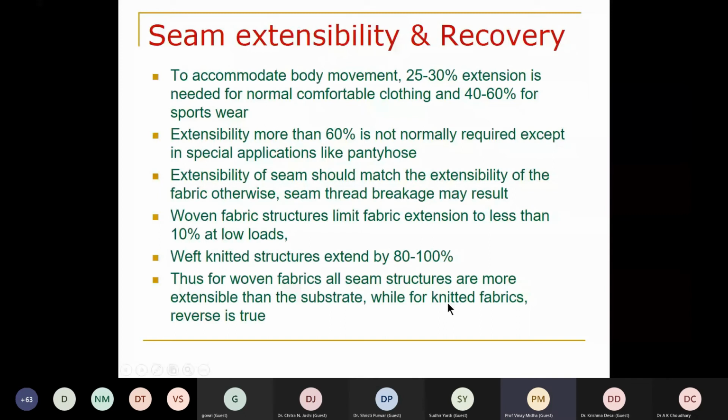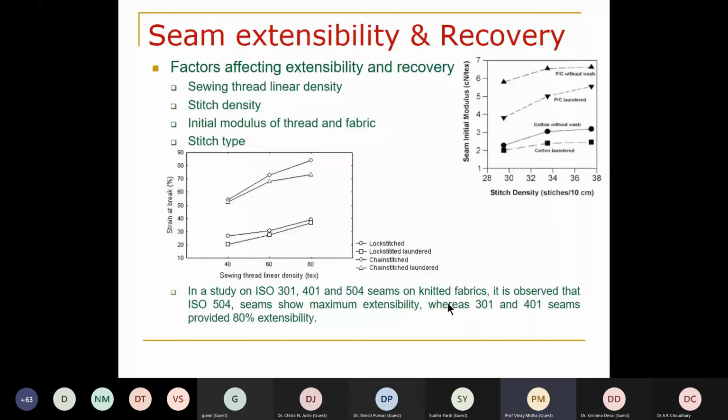So depending upon the application and the type of material, the sewing thread and the type of stitches are to be selected. Then the extensibility and recovery are affected by these particular parameters: the sewing thread linear density, stitch density, the initial modulus, and the type of stitch.